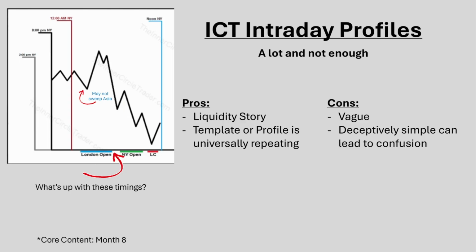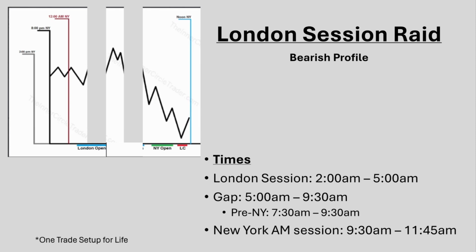Normal protraction is like what we're looking at here, where price will run in one direction or the other and then make its move, or the real move, in New York. When we've got this London protraction, it's not technically always happening literally in that London 2 to 5 window.